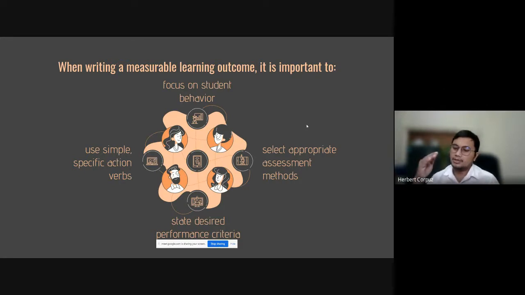Or compare and contrast amalgamation from assimilation using a two-column chart. Which of the two learning outcomes are correctly stated, considering appropriateness of assessment method to that of the student behavior?